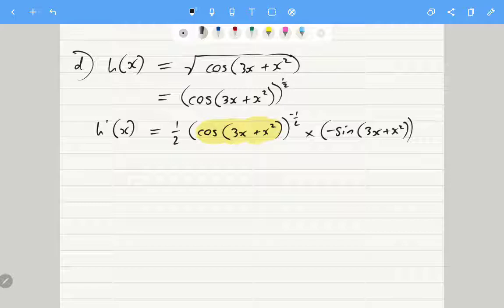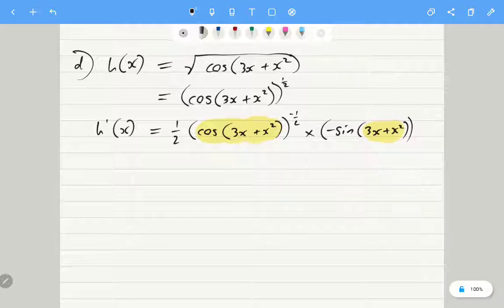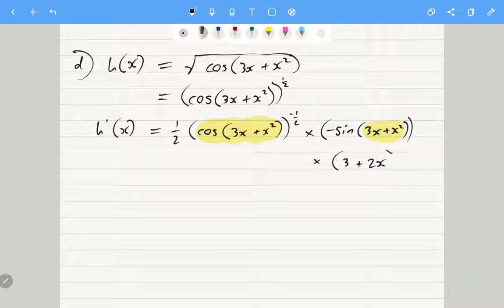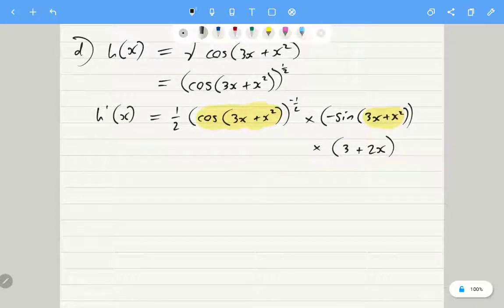But I can't just do derivatives like that. I need to multiply by the derivative of the bracket, which is 3x plus x squared, which will give us 3 plus 2x. Whew. This is some pretty heavy stuff. Alrighty, so that's the chain rule completed. That is the full thing. This is not a function of a function, so I don't have to worry about chain rule a third time.